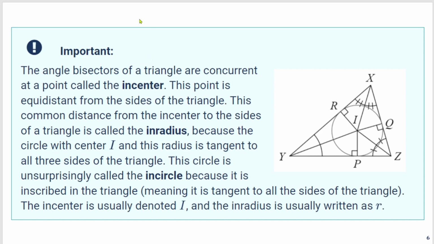Have you written this down? Alright then, let's have a look at another property by using this example.